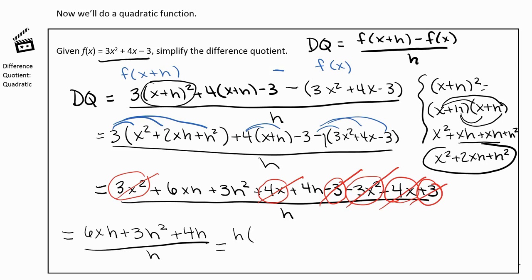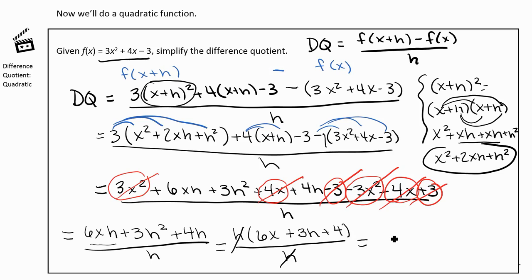We start with the 6xh. If we pull the h out, we just have 6x. Plus, then we have 3h squared. If we pull one h out, then we just have 3h. And then we've got plus 4h, which if we pull the h out, we have 4. All over h. And now these front h's cancel, and we're left with the difference quotient.